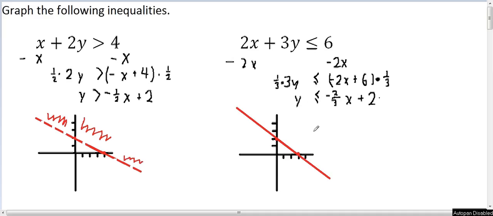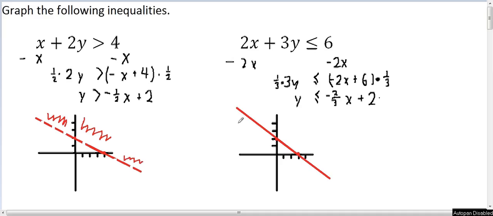And once again, we need to decide which side or which half plane we need to color. Let's try 0, 0 again. If we plug in x equals 0 and y equals 0 into the inequality, we get 0 is less than or equal to minus 2/3 multiplied by 0, which is 0, plus 2 is 2. 0 is less than or equal to 2, which is a true statement.